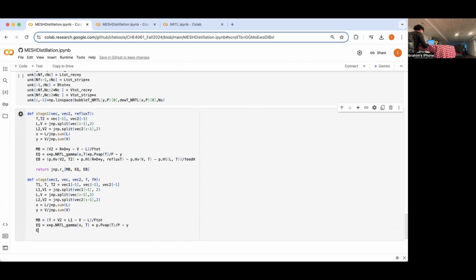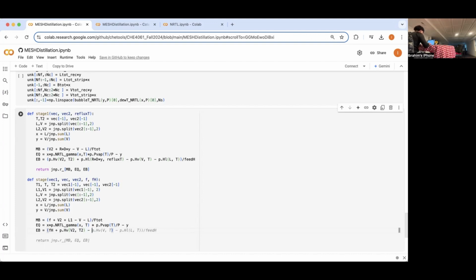And then for our energy balance, this one will be equal to, so FH plus our vapor enthalpy, so HV for V2 and T2.